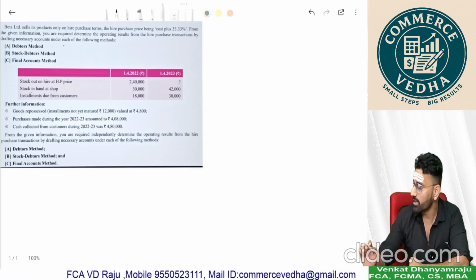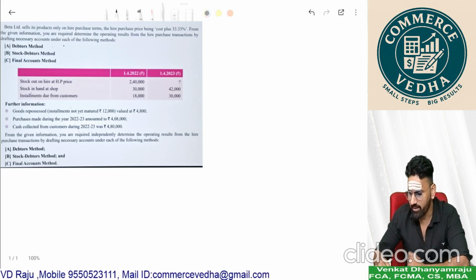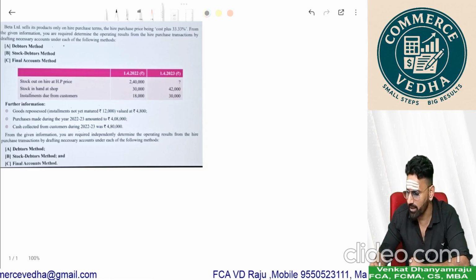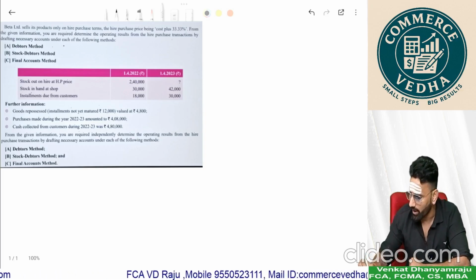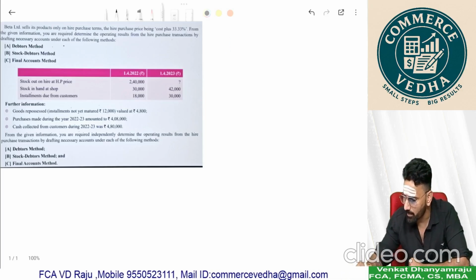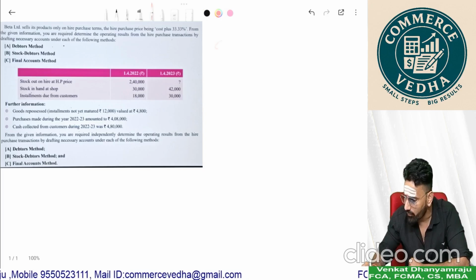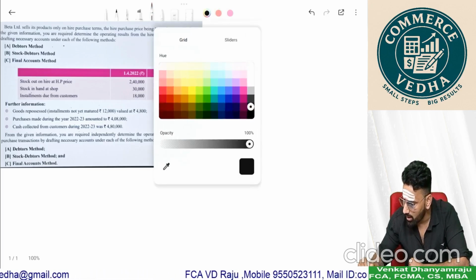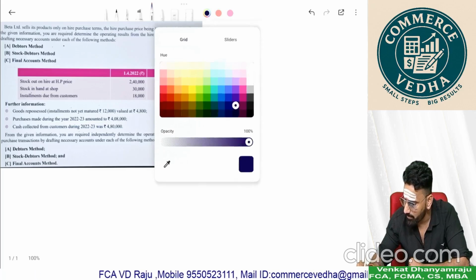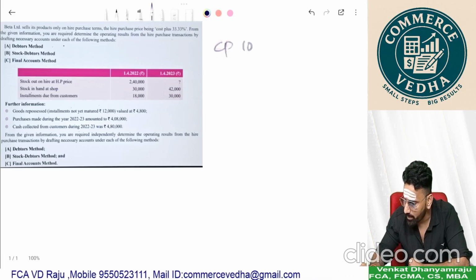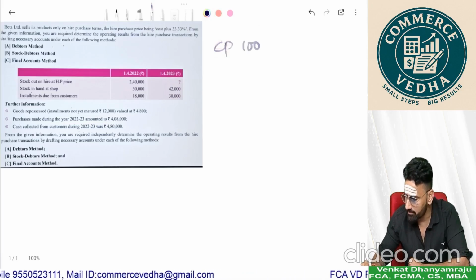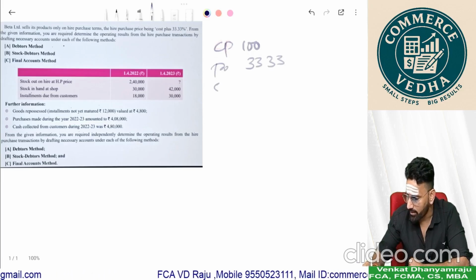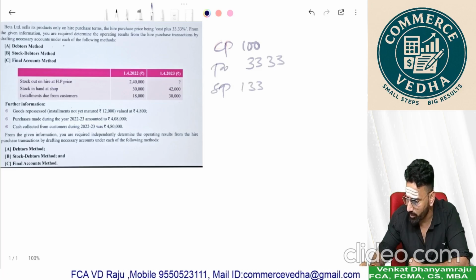Now, the question with theory. Beta Limited sells its products only on hire purchase, and the hire purchase price is fixed at cost plus 33%. So if the cost price is 100 rupees, then the profit is 33.33 and the selling price is 133.33.